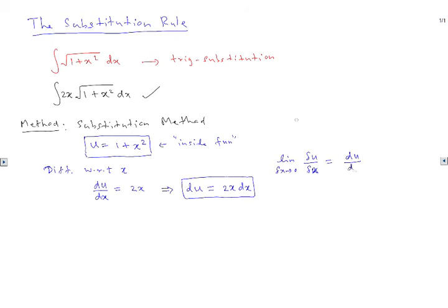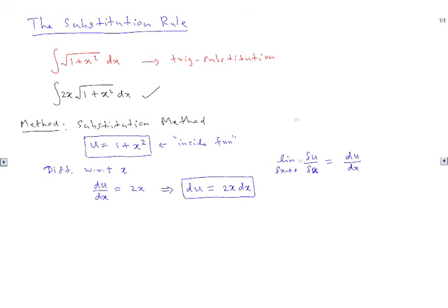So now we go backward and think of du by dx as the quotient. Then you multiply, and you write du equals 2x dx. We always do that. Now we can transform the problem.